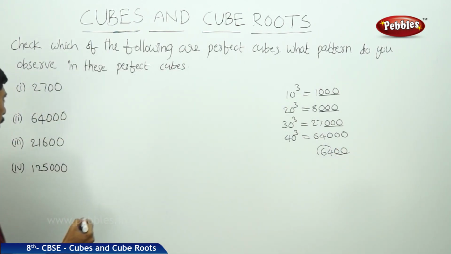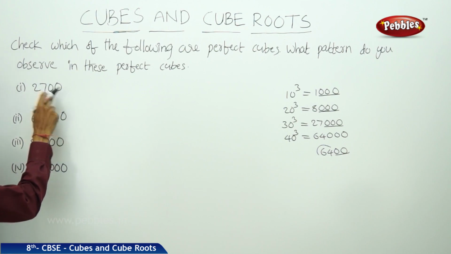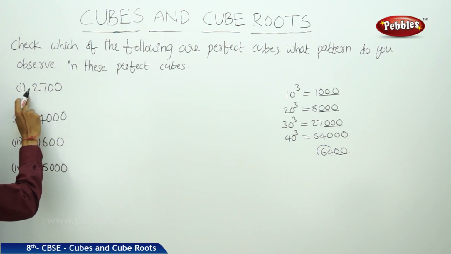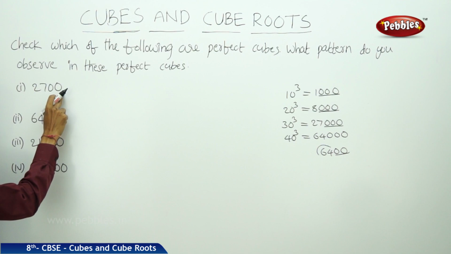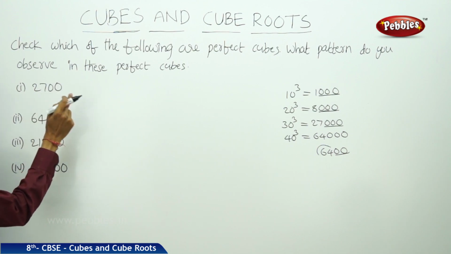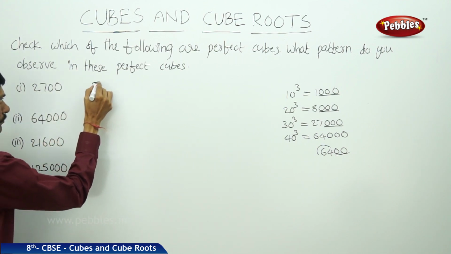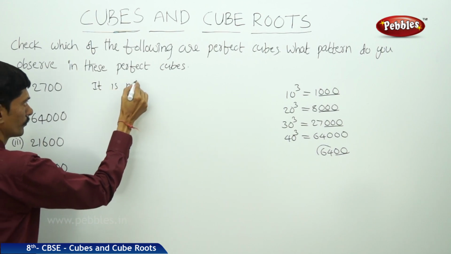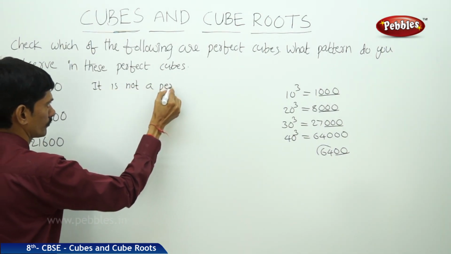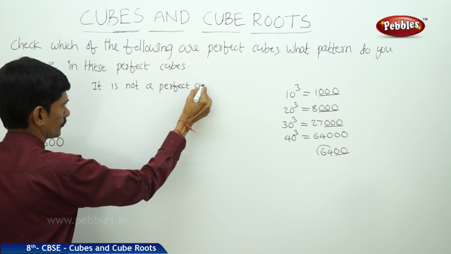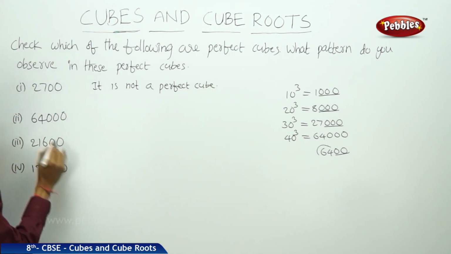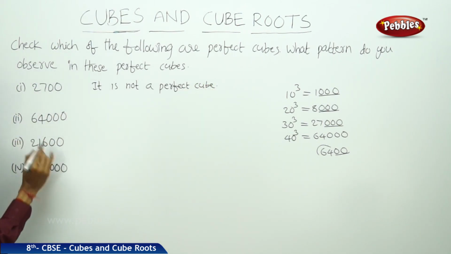Now let us see these problems. 2700. It is ending with 2 zeros in the last. So we can say that it is not a perfect cube. And the next question, 64,000.